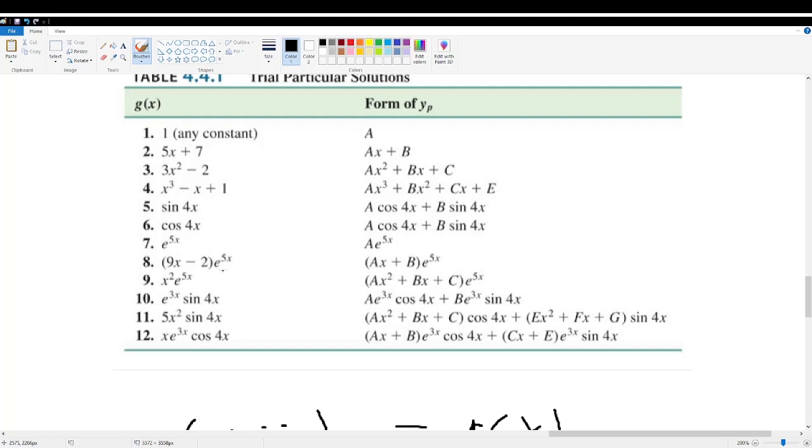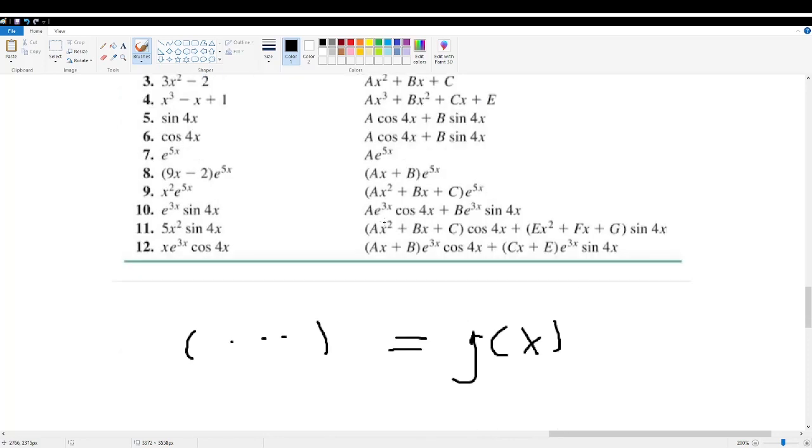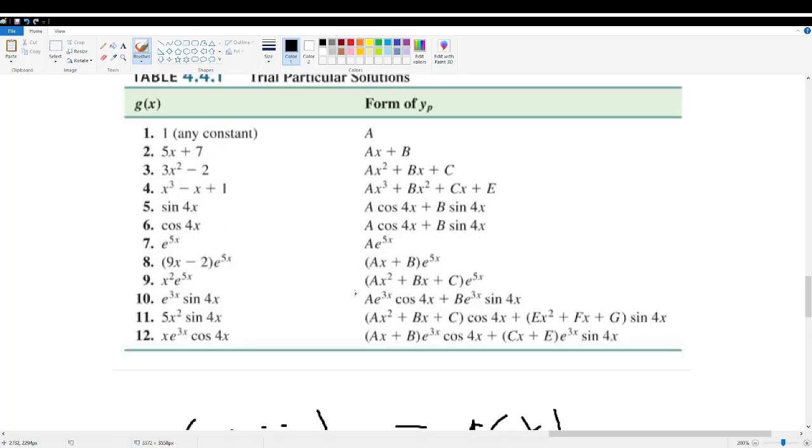And when you begin to combine terms, for example by multiplication, the form of your guess is the same: you combine terms. Again, with this example number 9, recall that we have to include all the derivatives of the polynomial, of course, except 0. And in the case where we combine all of them, you can see it does get a little big, but it's intimidating, not difficult. So you can try some of these as an exercise if you like.